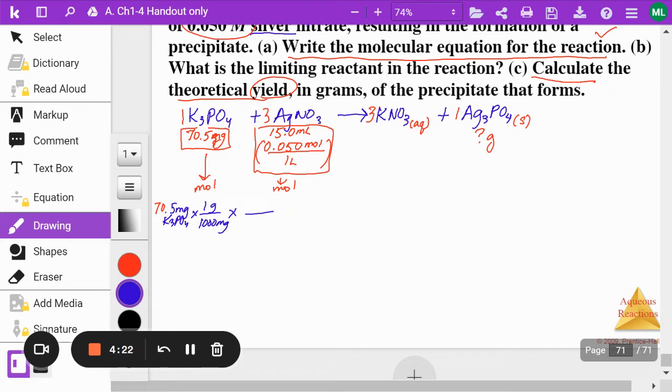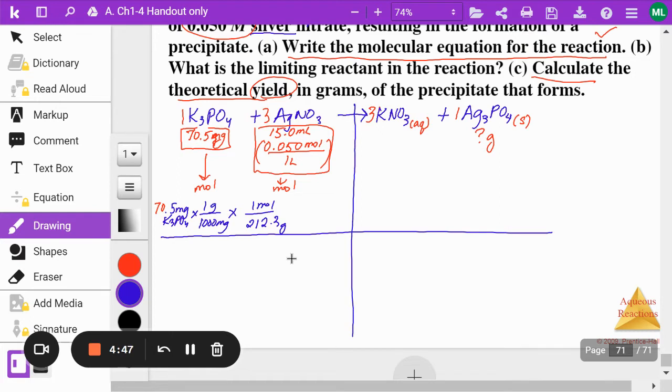For K3PO4, the molar mass is 212.3 grams is 1 mole of K3PO4. So the moles for my rice box for K3PO4 would be 3.32 E-4.